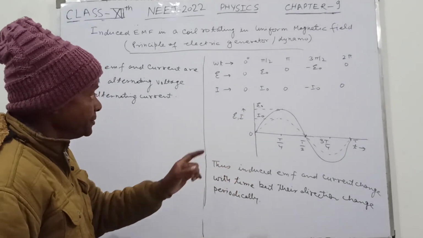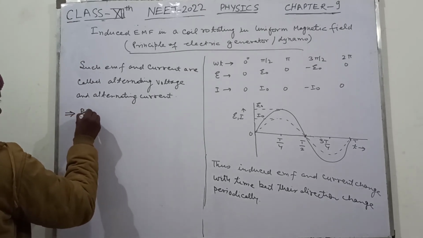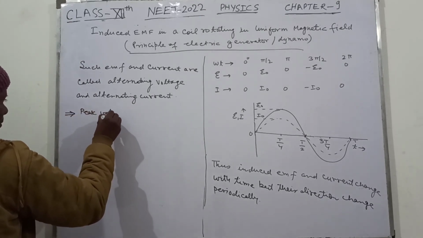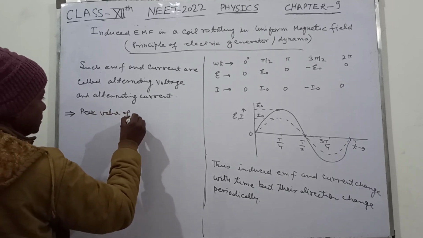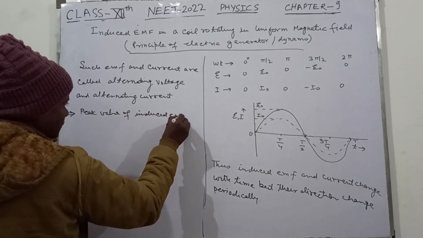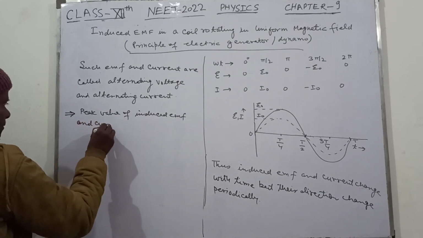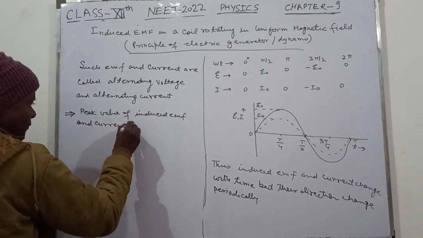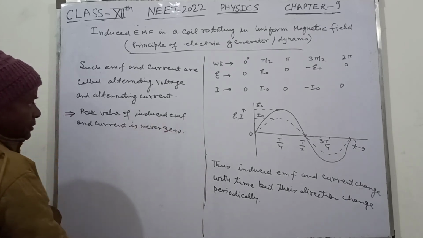This is never zero. The peak value of induced EMF and current is never zero.